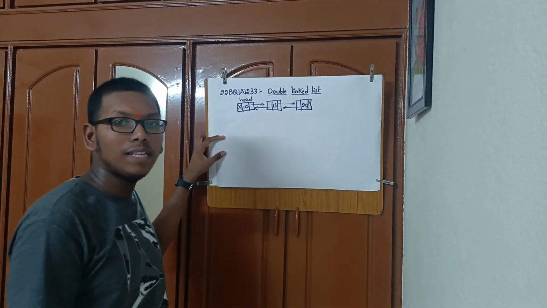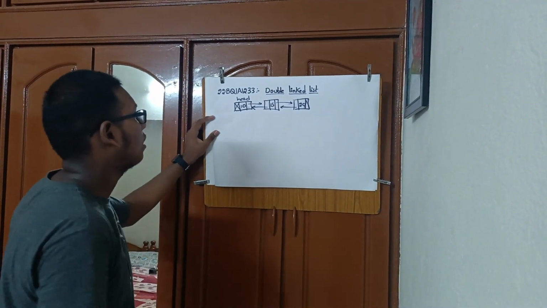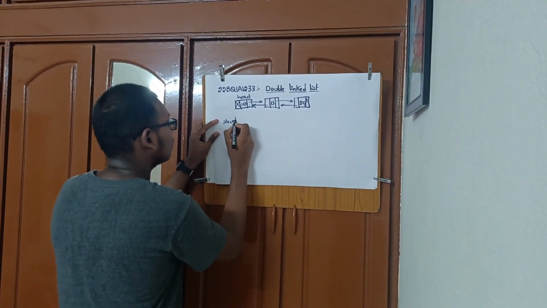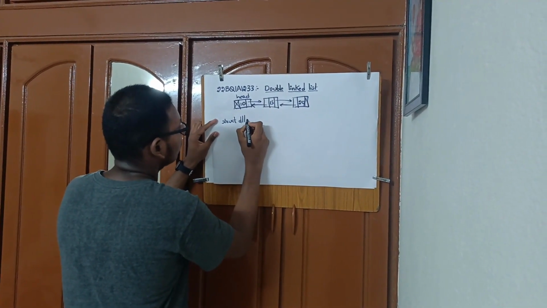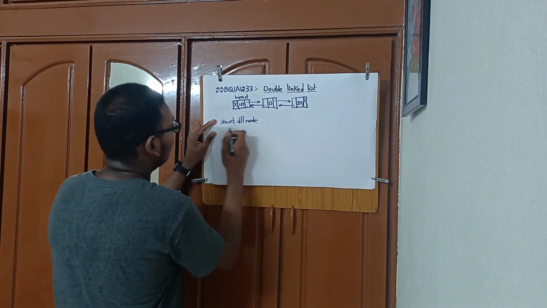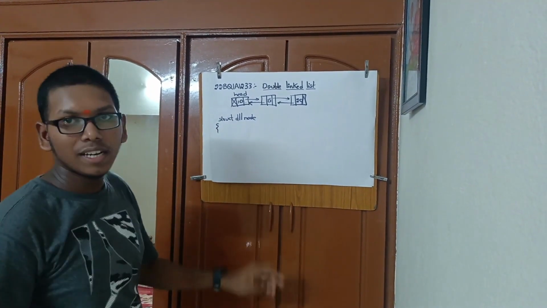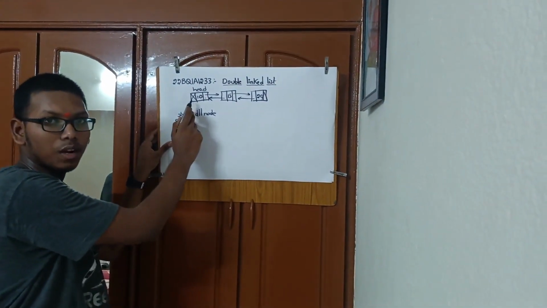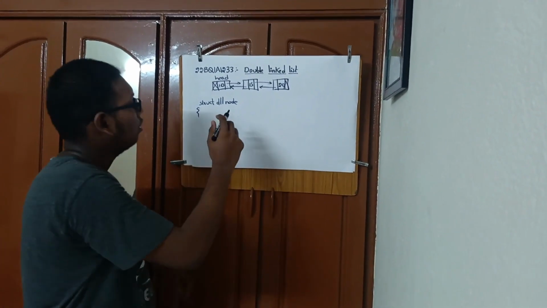So now I am defining the structure of the double linked list. As I said, there are two parts. One is the next part and the other one is the previous part. Both of these are pointers, they hold address locations.